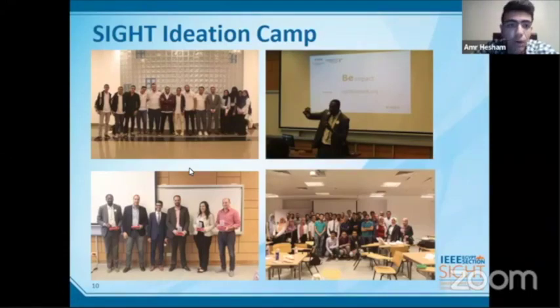The objective of that ideation camp was to collect ideas and applications from the students, to be proposed to the Humanitarian Activity Committee by SITE Egypt, to help these teams implement their projects and applications here in Egypt.